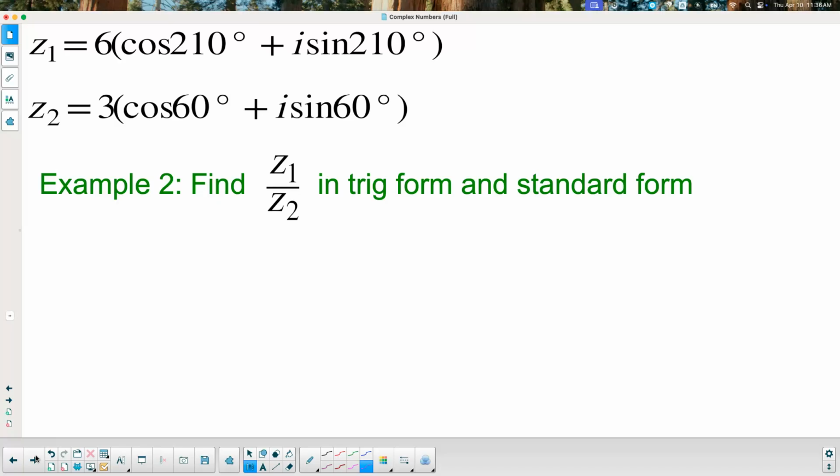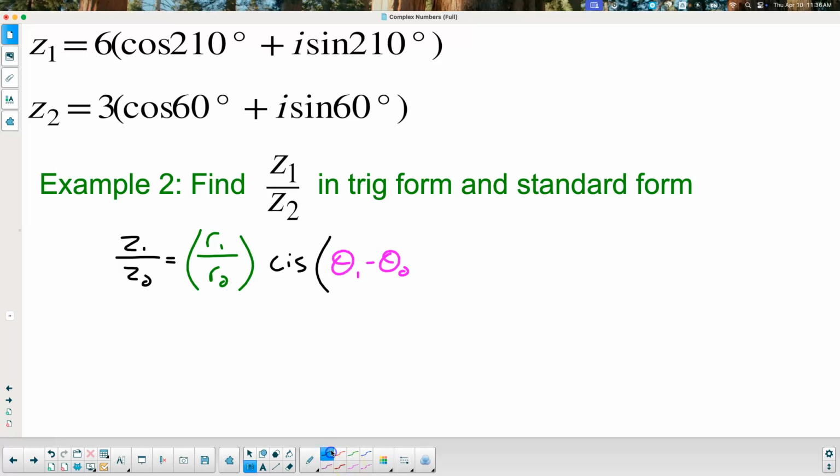Let's try this one. Now we're dividing the two complex numbers. So what we had just learned was that z sub 1 divided by z sub 2 is r sub 1 divided by r sub 2, CIS of our first theta minus our second theta.